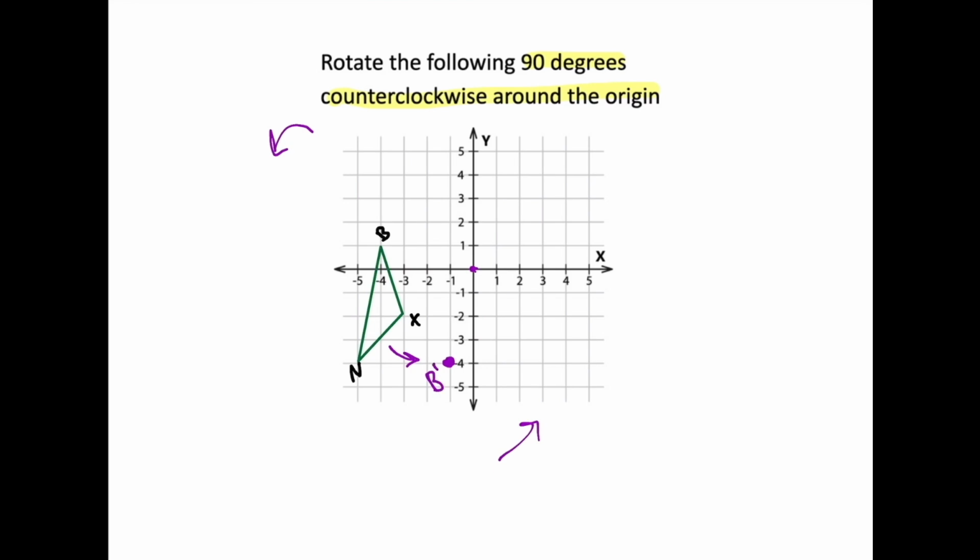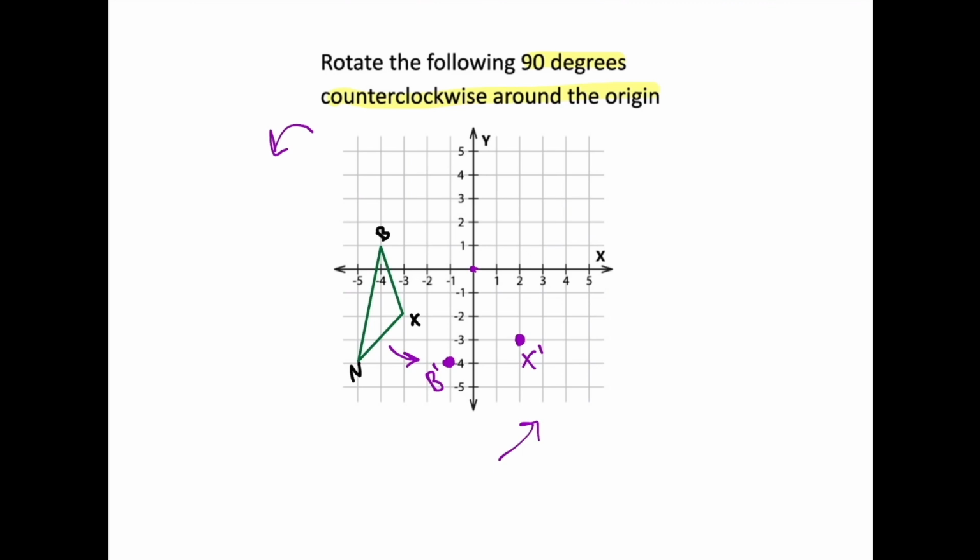Now let's move point X. Point X is 1, 2, 3 units along the x-axis, and then down 2. To find its new position, we're going to go down the y-axis 3 units. We need to then go 2 units to the right, so we're in the next quadrant over. And now we have X prime.